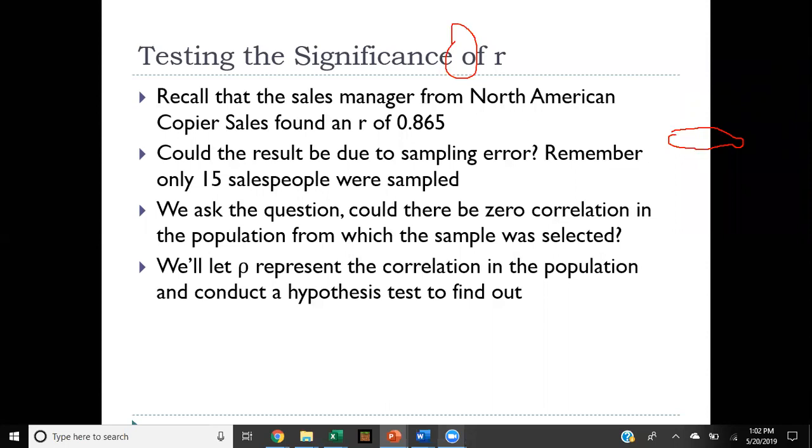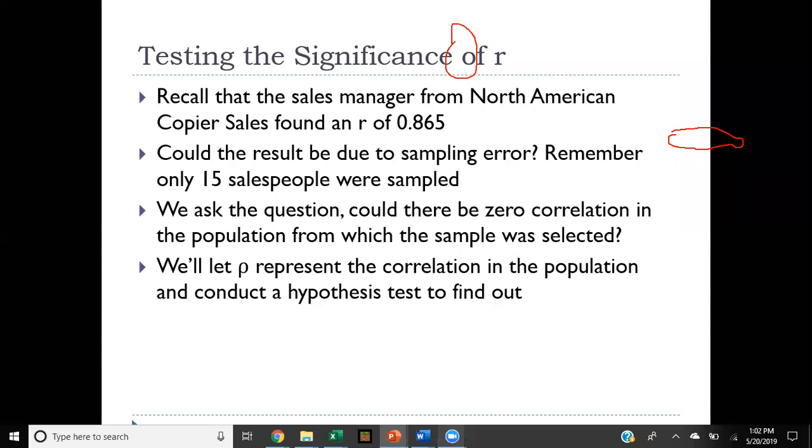But what if this value was by chance and our sample was not representative of the actual population? So we have 15 salespeople. The company could have 150, it could have 200 salespeople. What if the sample we took does not fully represent the actual population? So there's a possibility that there could be an error in the sampling.